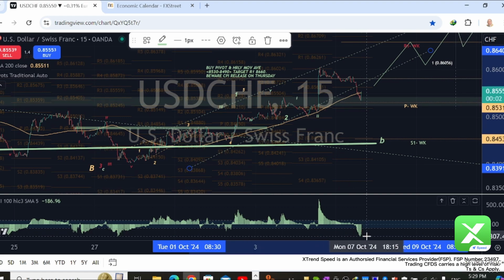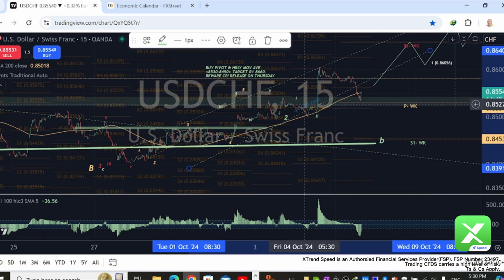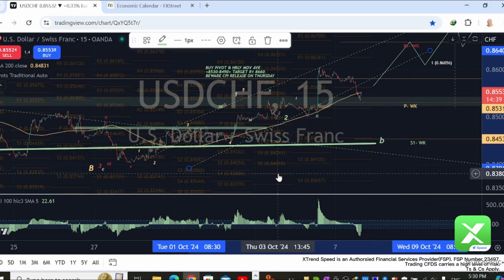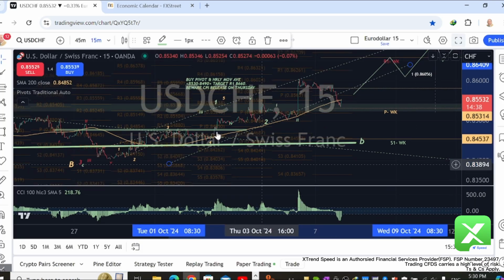So we have momentum extreme on the 15 minutes. This is minus 307. Bounce out of an internal level 1. Right, entry becomes relatively simple.